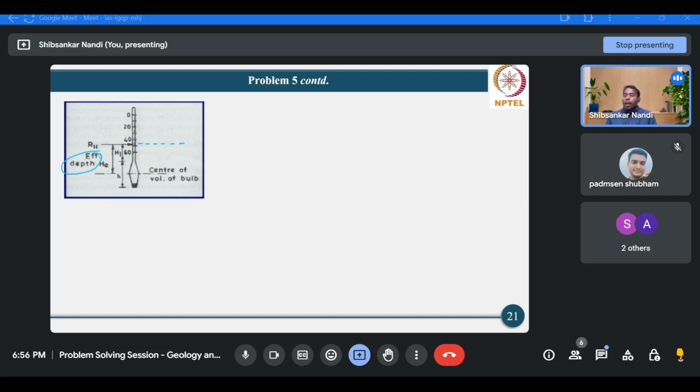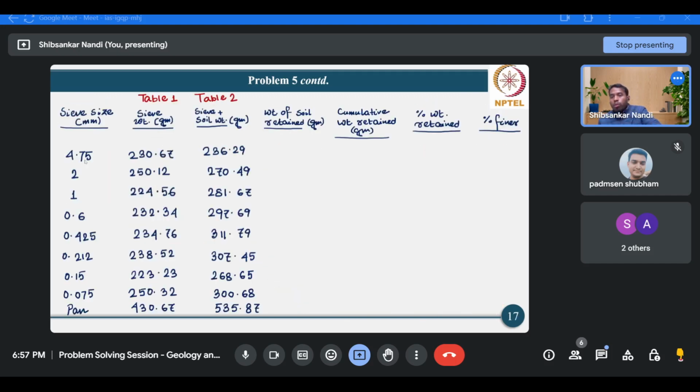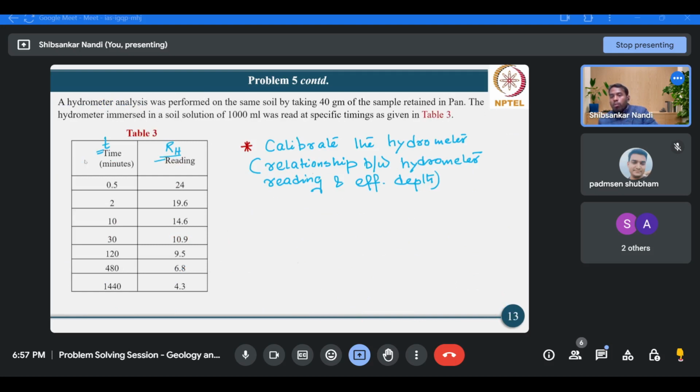Once you have the calibration plot of the specific hydrometer, you can easily relate the hydrometer reading to the effective depth for different time intervals, starting from 0.5 minutes to 1440 minutes.